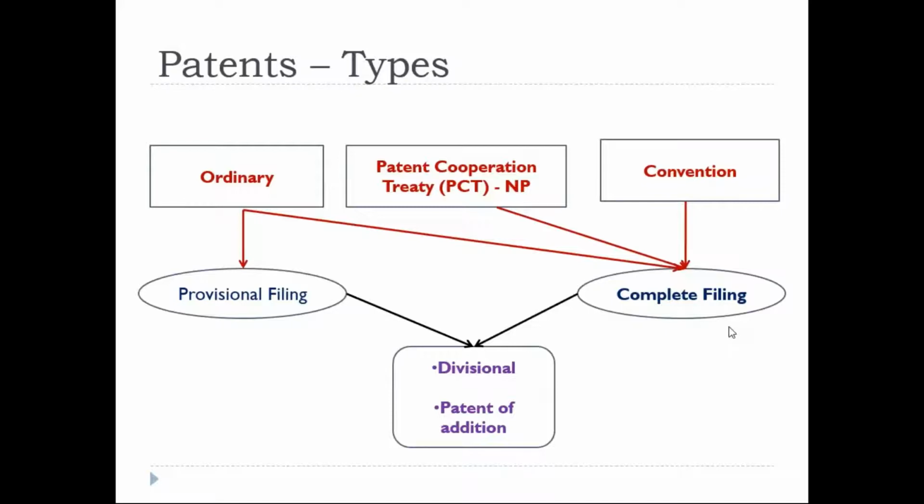So to avoid this particular issue, you have the option of going for provisional filing, right? I will explain in detail what content should be there in the provisional filing. You don't need to worry about those things, but please understand that it is useful for the testing phase. For example, some products you may need to test in a public place, for example vehicles.